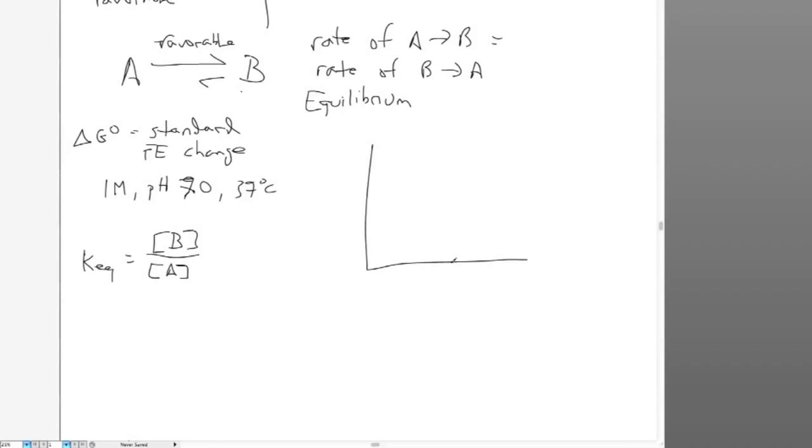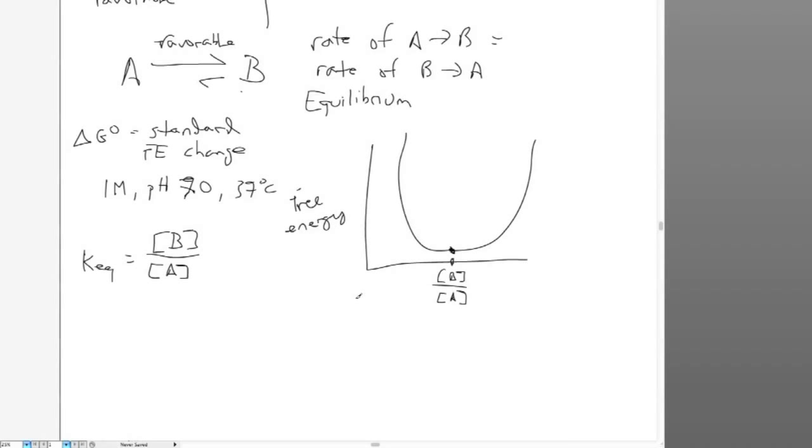Okay? Whatever value that is, that's if you're at that value, at that ratio of product to reactant, you'll be at equilibrium. So if you look at a graph down here of the product to reactant ratio, let's say we're here. So this is our equilibrium constant, okay? And you measure free energy on the left. What you'll find is that the free energy is at its lowest point at equilibrium, and as you go away from equilibrium in either direction, the free energy will increase in the system.